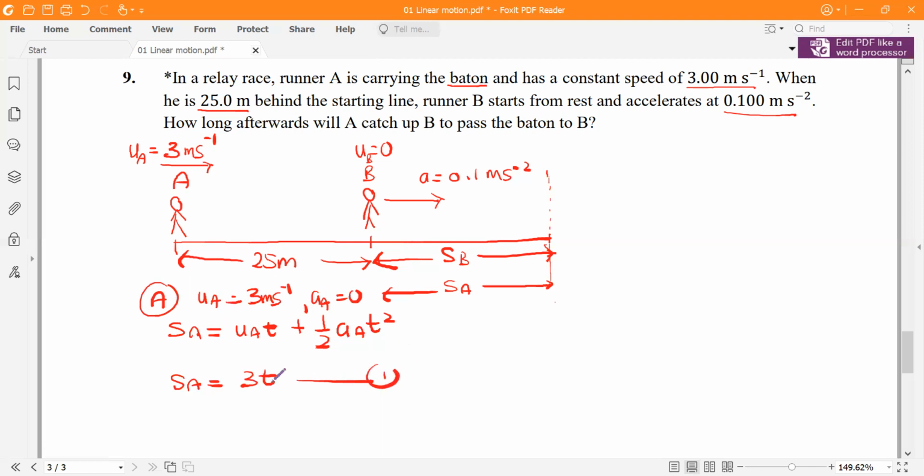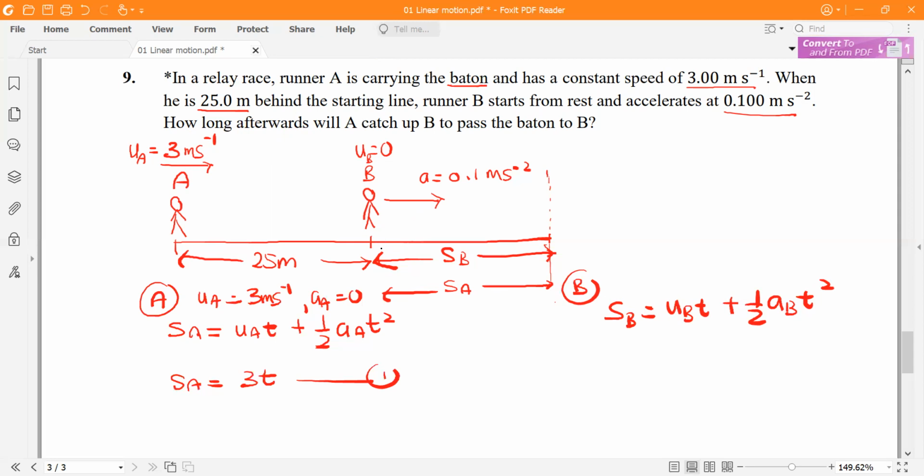So 3 times the time. What about for B? For B, same thing: SB equals UB t plus half a B t squared. We are going to find how long afterwards, so we are going to find the time.